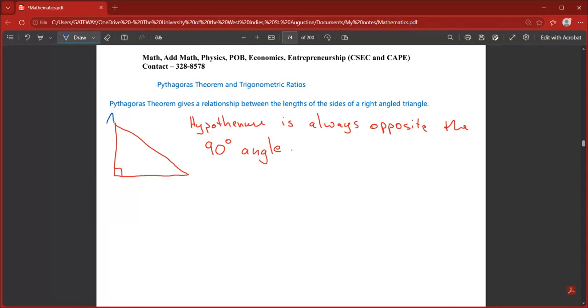So let's say this point is A, this point is B, and this point is C. Which side is opposite the 90-degree angle in this triangle? The side that is opposite the 90-degree angle, because this is 90 degrees here, that little square means 90 degrees, is the length A to C. So AC is the hypotenuse. So identifying the hypotenuse is very important to know.